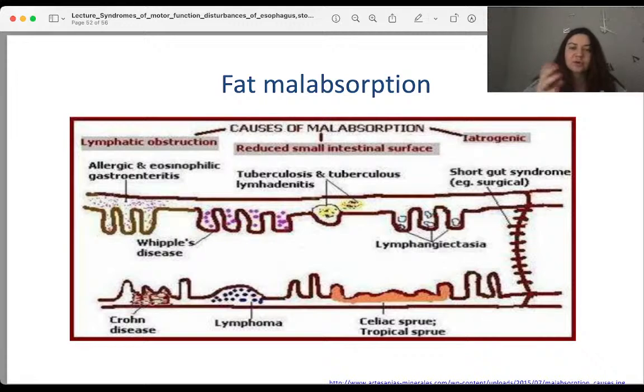That leads to different changes in enteric epithelium with possible Whipple's disease, lymphangiectasia, for example, that manifests in Crohn's disease, in lymphoma, or, for example, changes typical for celiac sprue or tropical sprue.